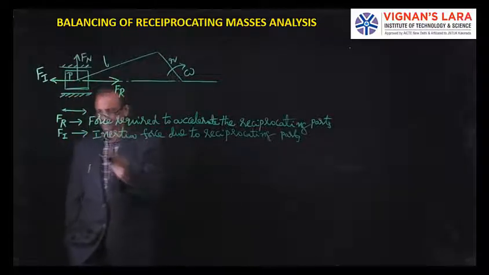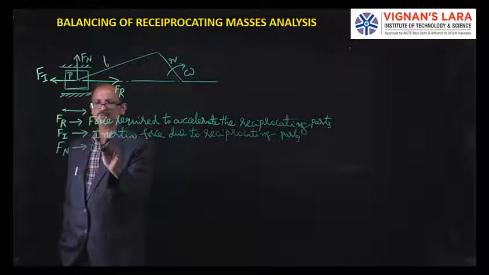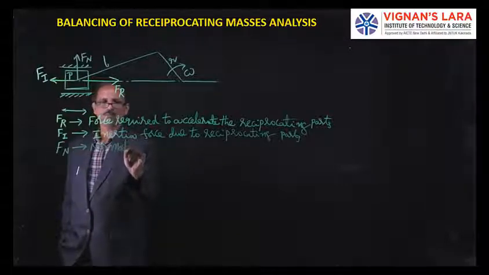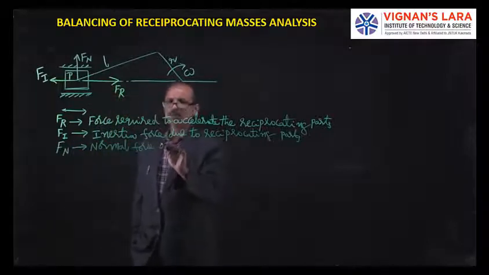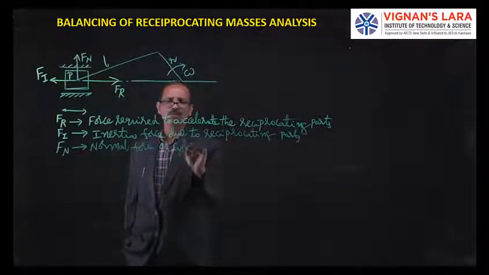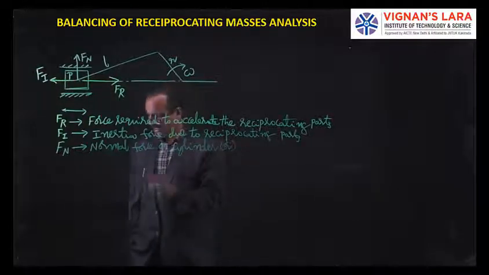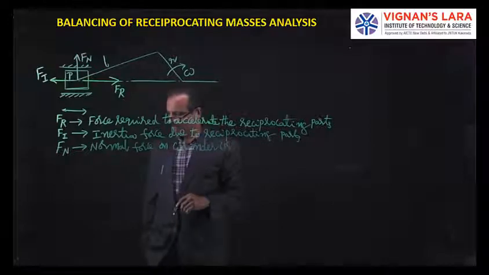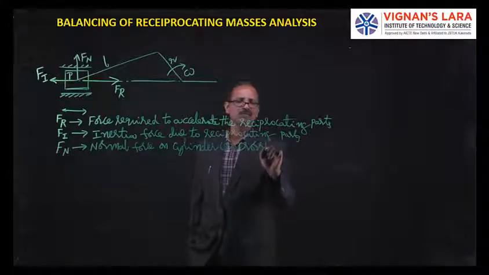Fn is the normal force on the cylinder, or if you take it as a steam engine, on the crosshead guides.